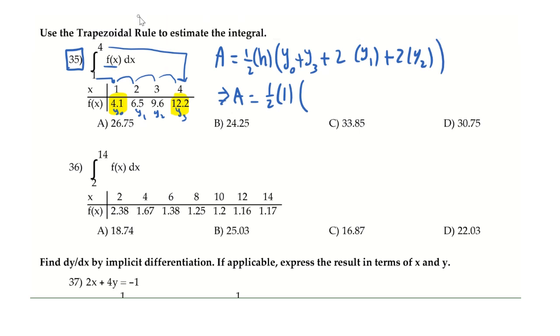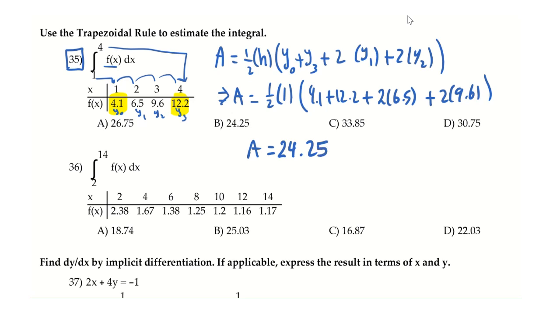So y naught 4.1 plus y3 12.2 plus twice 6.5 and twice 9.6. So the area is equal, by using my calculator, it's gonna be 24.25. So the answer is B.